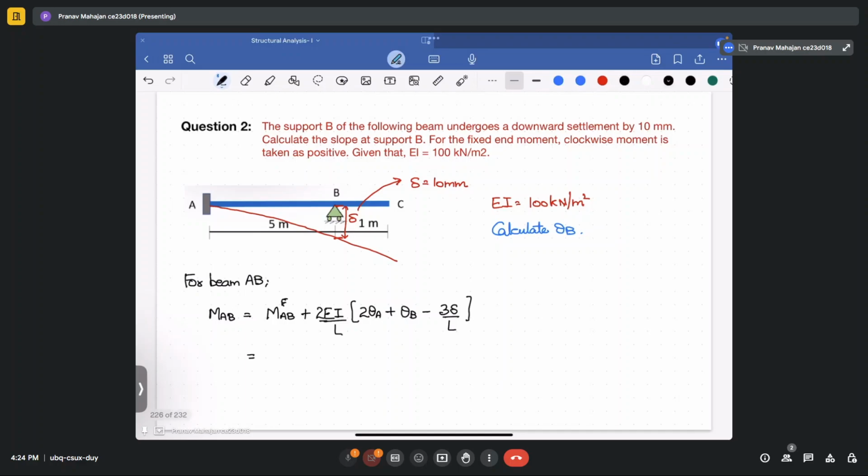So I will write here also: fixed end moment will come when external load is applied over the structure.